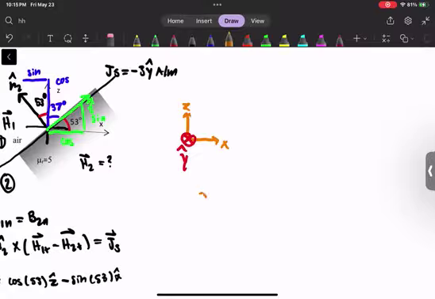We're solving for n cross y, which is going to be negative t hat.